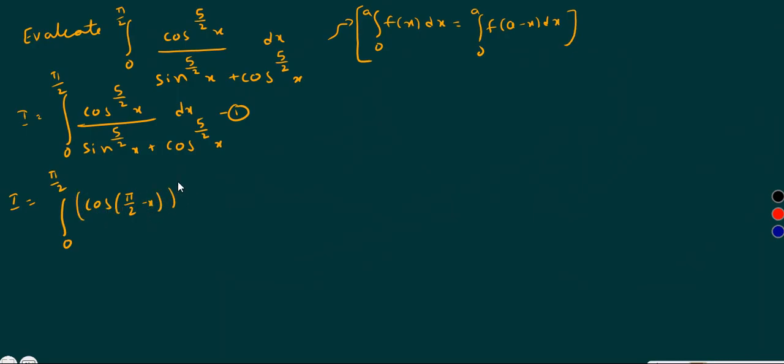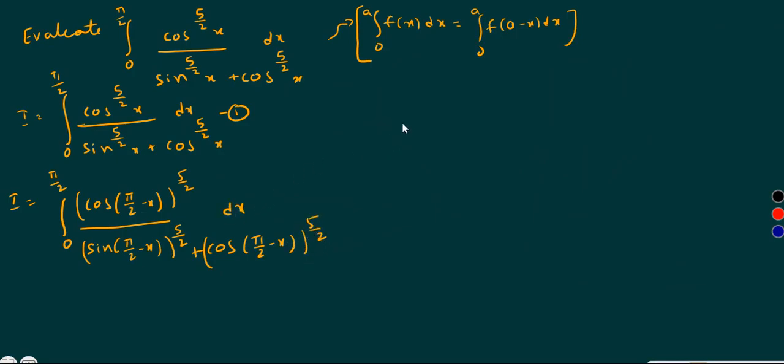What is the power? Power is pi by 2. Again sine of pi by 2 minus x, here power is pi by 2, plus cos of pi by 2 minus x whole power pi by 2 dx.